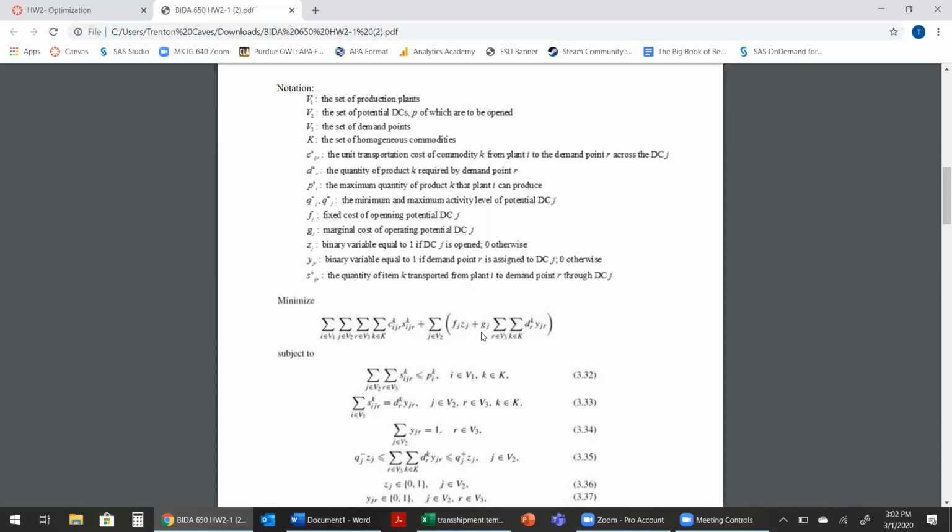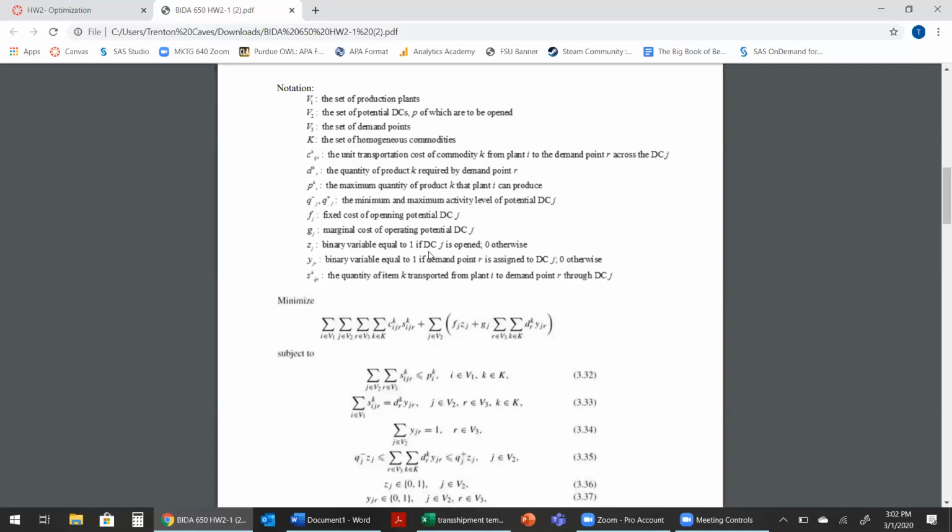Then the second half of that equation, the G sub J, is the marginal cost of operating the distribution center J. So there are so far two costs with having a distribution center.